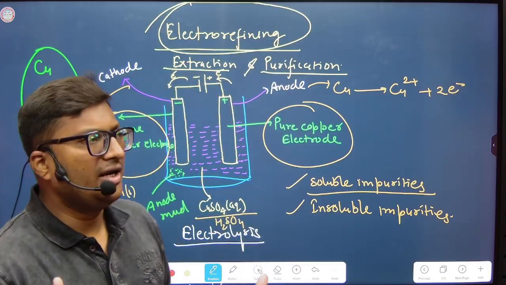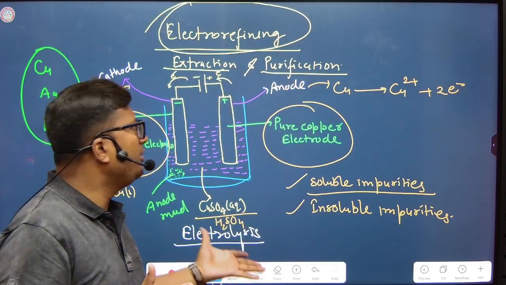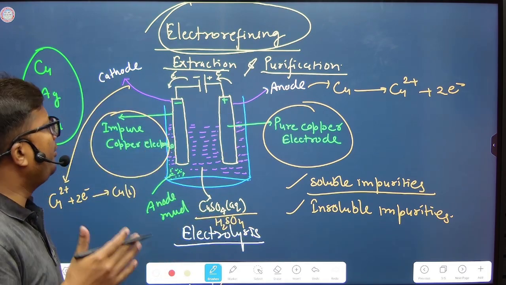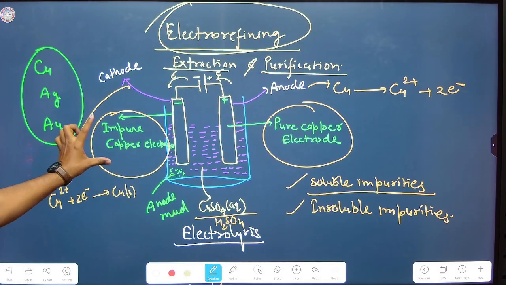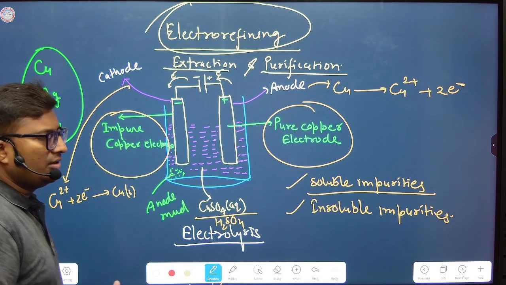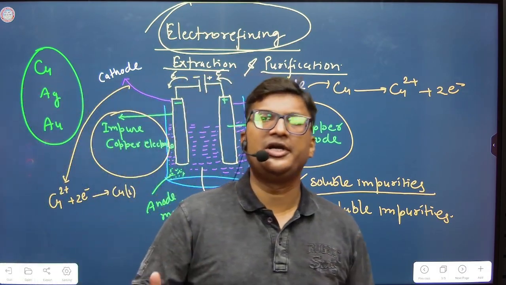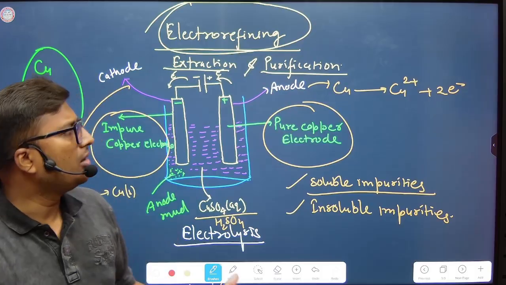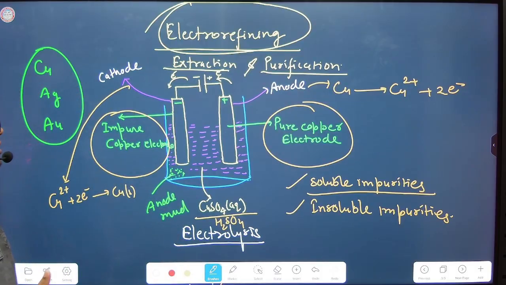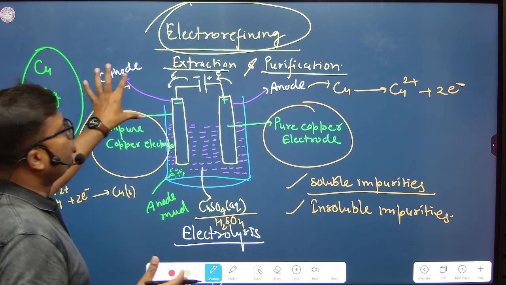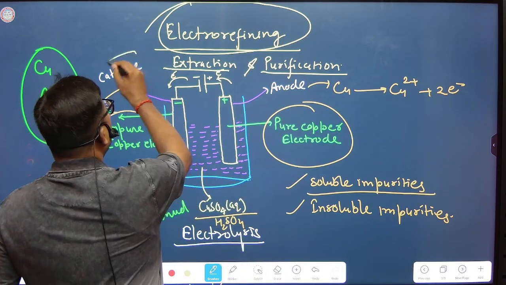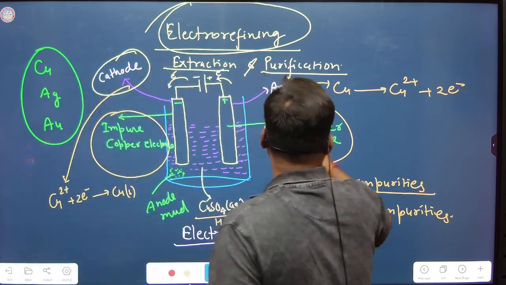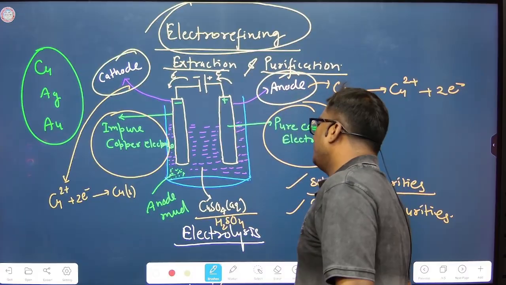So here again this is a kind of electrolytic cell where three central components are required. As in the case of the electrolytic cell or the electroplating cell, we need a cathode and an anode, right?